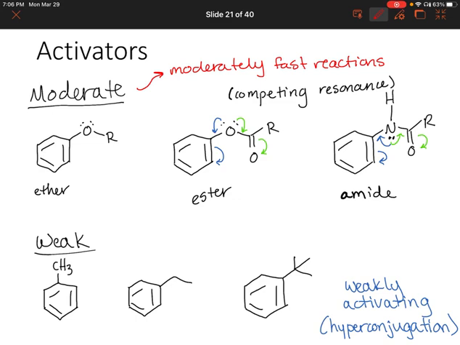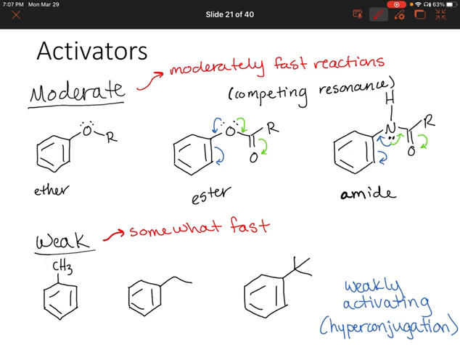And our weak activators, those are somewhat fast reactions. They're not prohibitively slow, so they're not going to prevent a reaction from occurring. So we'll just say somewhat fast. But they are slower compared to if you had a moderate or strong activator.